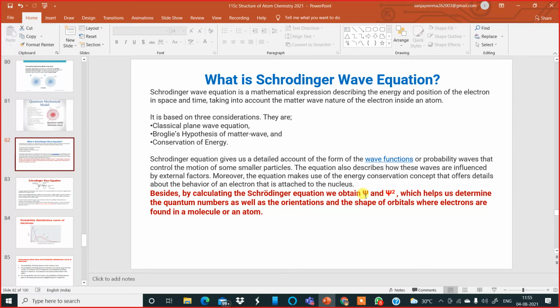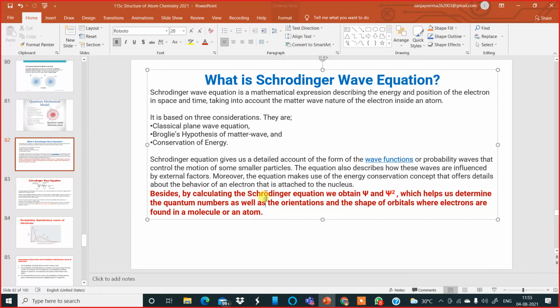One is psi and the other is psi square. These are the functions which help us determine the quantum numbers as well as the orientation, meaning the shape of the orbitals where electrons are found in an atom or molecule.